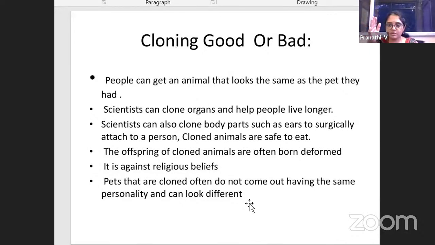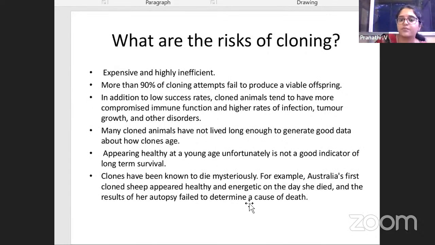And certain people do not believe in this religiously. Also, the pets that are clones of the donor nucleus may or may not turn out the way you are expecting, with the same kind of personality.